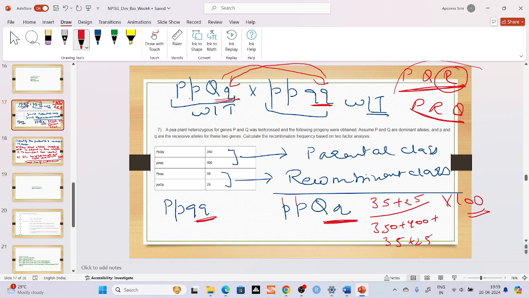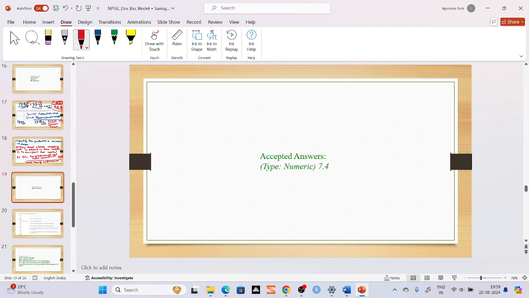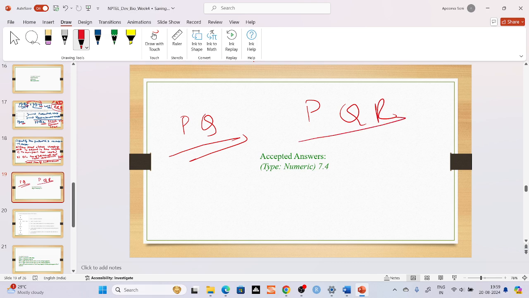This order determination is very obvious. Just apply a little general knowledge: if there are only two genes, is there any point in determining the order or sequence? No. If there are only two genes, P and Q, what order will I determine? It's just two. If there are three genes P, Q, R, then the question comes whether the sequence is P, R, Q or Q, P, R or R, Q, P, whatever it is.